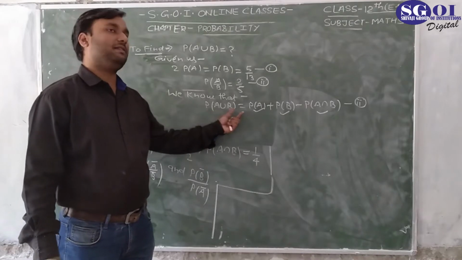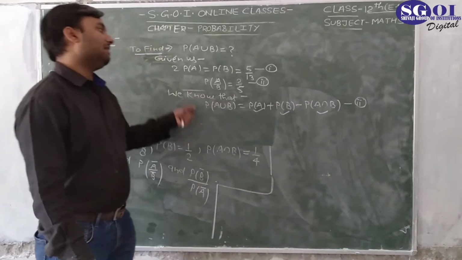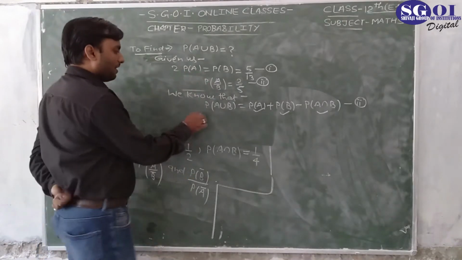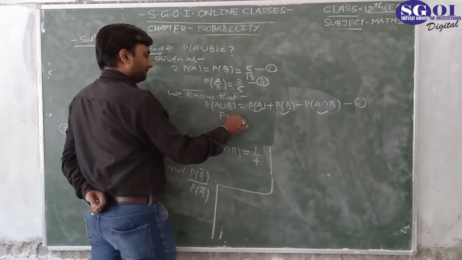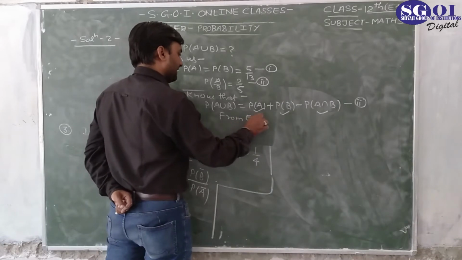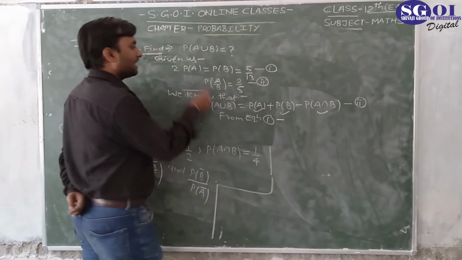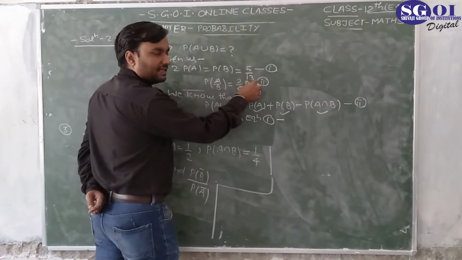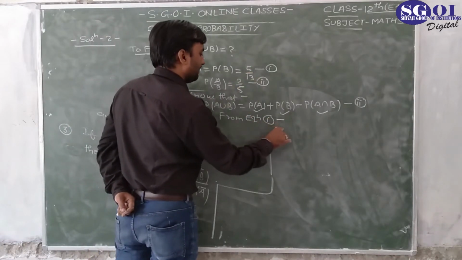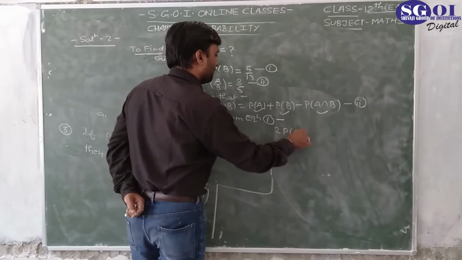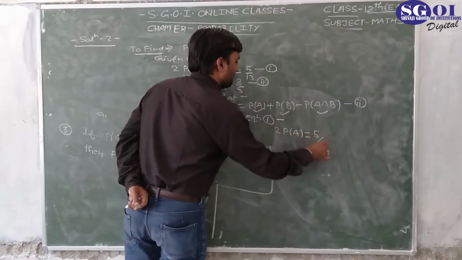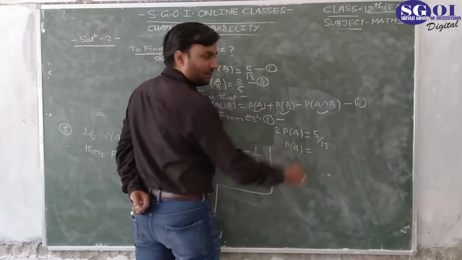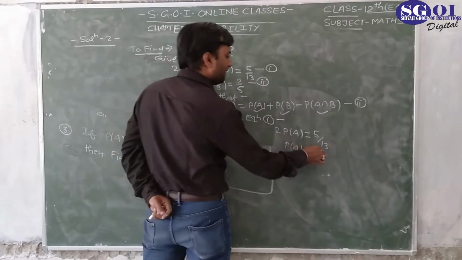So from where will we find these values? We will find these values by using equation first and second. From equation first, we can put 2 probability of A is equal to 5 by 30. By solving this we will find probability of A. What is the probability of A?